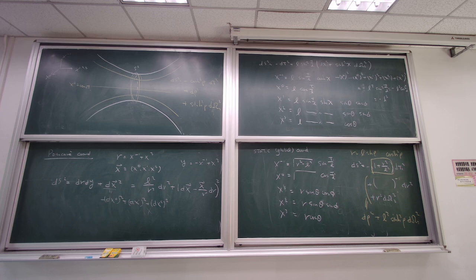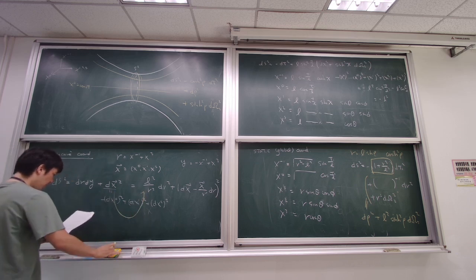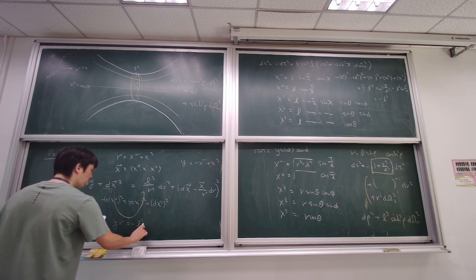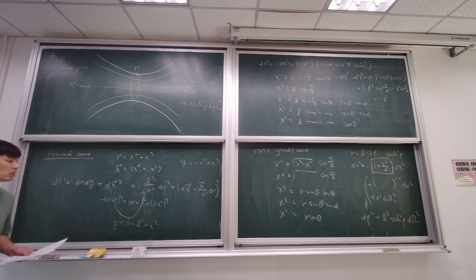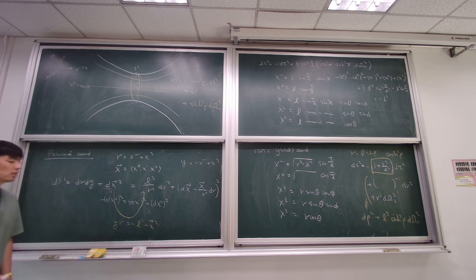From here to here, one has to use the relation that yR is equal to minus L square minus x square. If you use this relation, one can write down that this equation is equal to this x, this way.